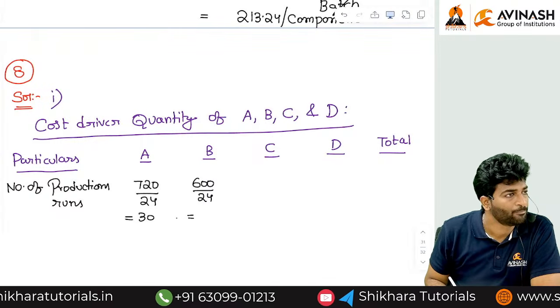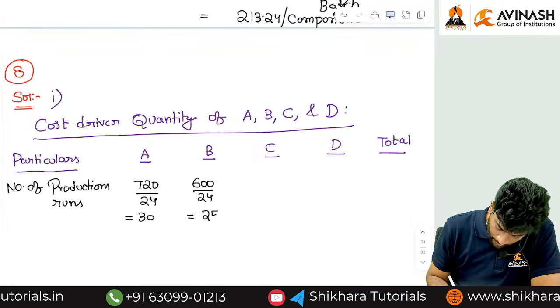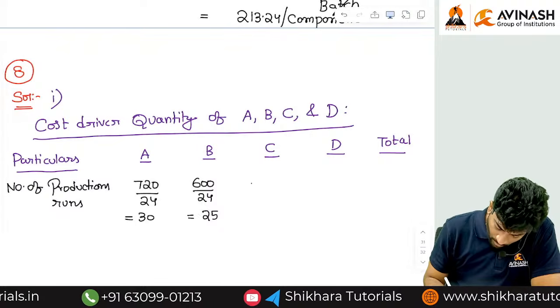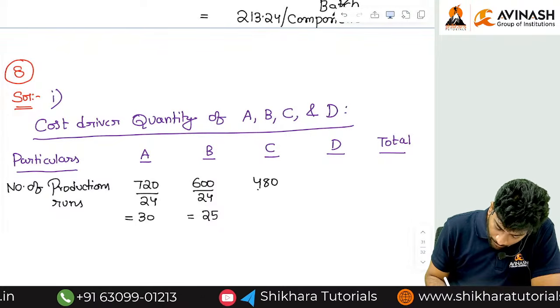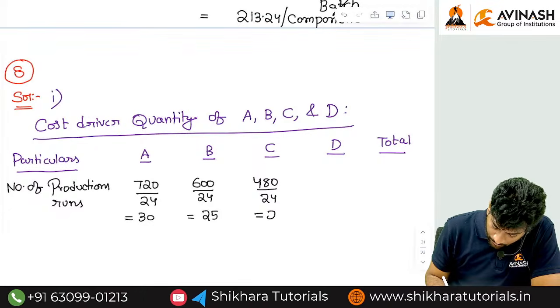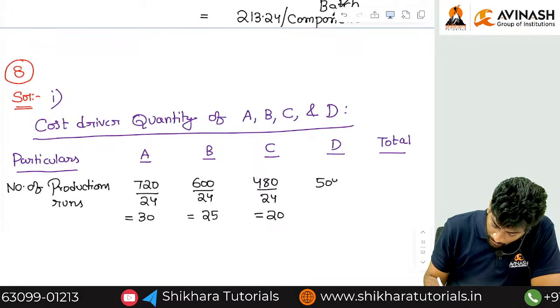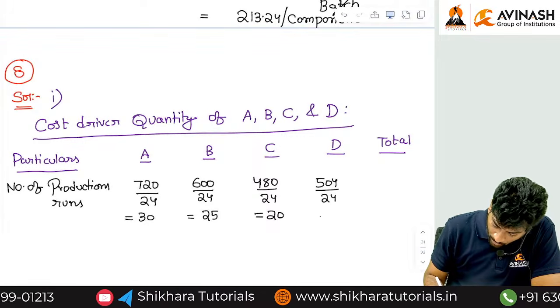How many? 20. After that, 24 2s are 48, right? 504 by 24, 20.